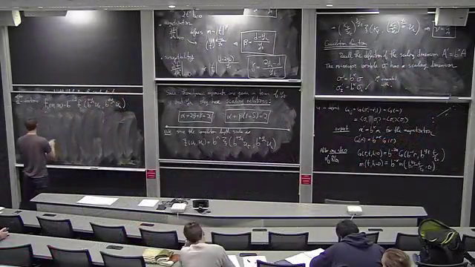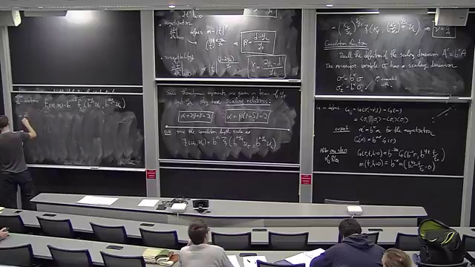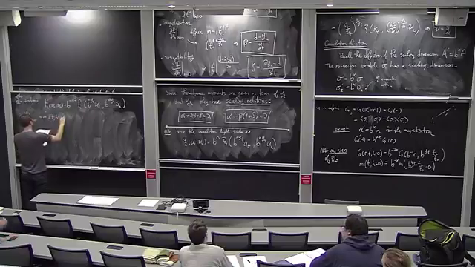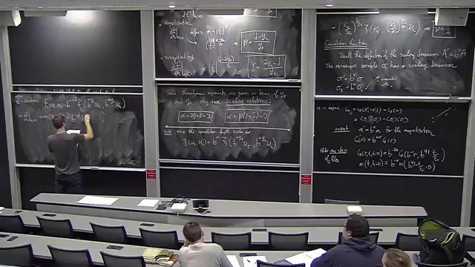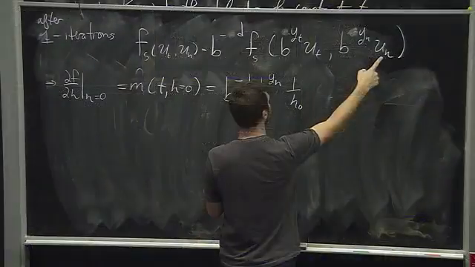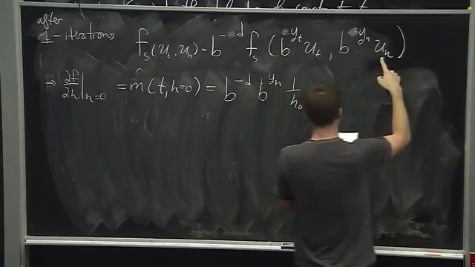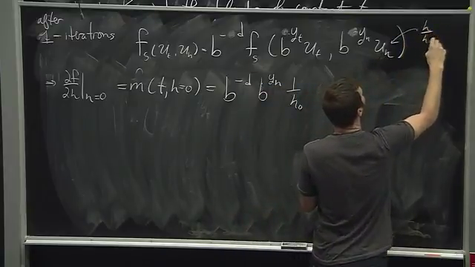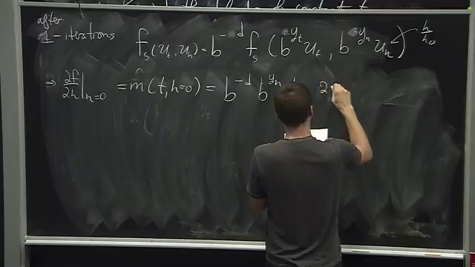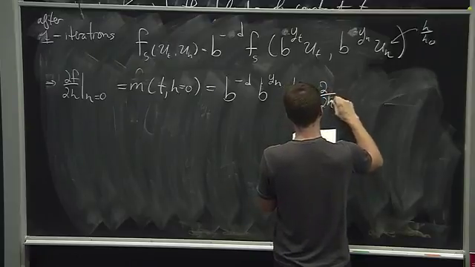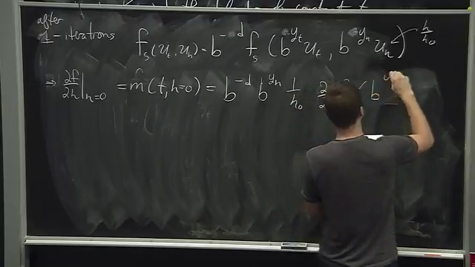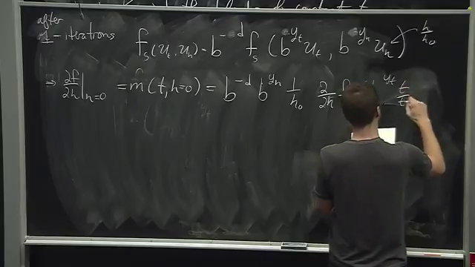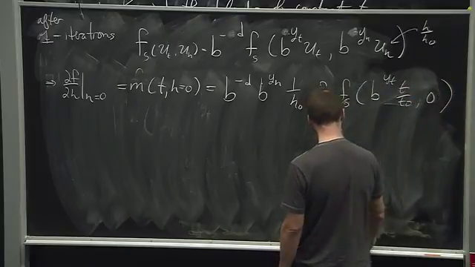Right, so if I look at that, then if I take the derivative, which is m, then I get b to the minus d, b to the y_h, 1 over h naught from here, right, because that's h over h naught. Then I'm doing the chain rule, so I have the derivative with respect to h of f_s here, b to the y_t, t over t naught, and that's just the magnetization.